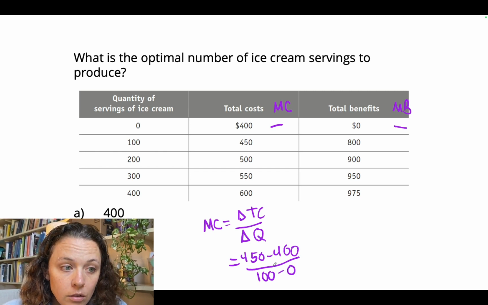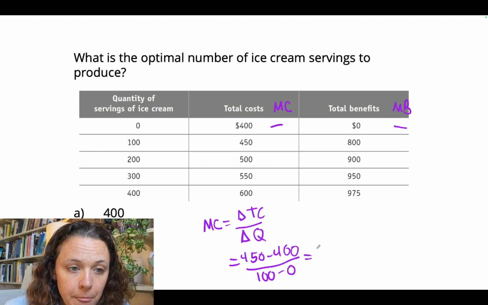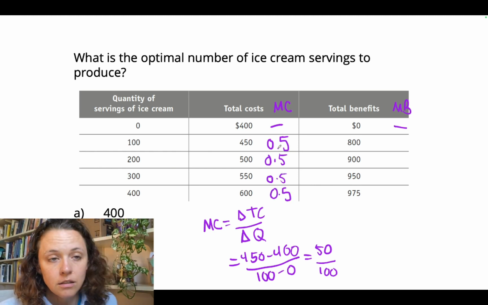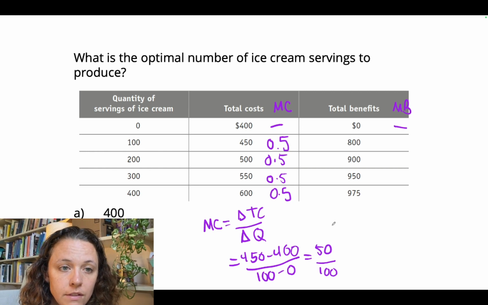Our total costs have gone up by 50, and the total quantity has gone up by 100. So essentially the marginal cost here is 0.5. Now here, if you notice, this is actually the same, 0.5, because we've gone up by 50 and we've increased 100. And this is actually completely flat. So it's just 50, 50, 50, 50.